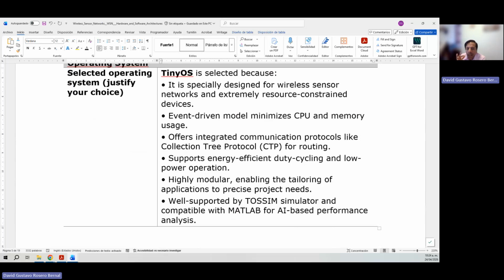TinyOS is lightweight, modular, and has a proven track record in both academic and real-world deployments. By combining TinyOS with the TelosB, we guarantee a network architecture that is not only energy efficient, but also scalable, reliable, and cost-effective for a wide variety of application domains.